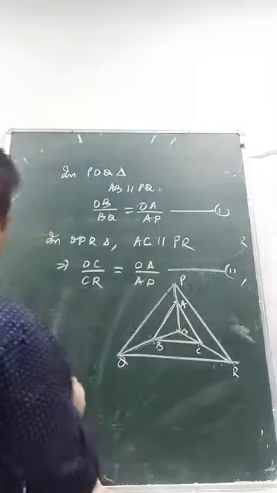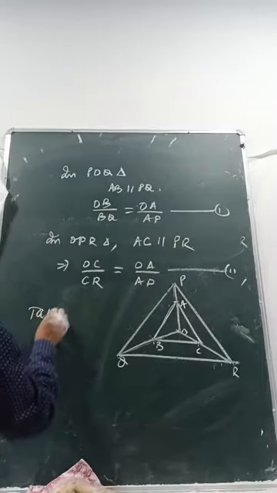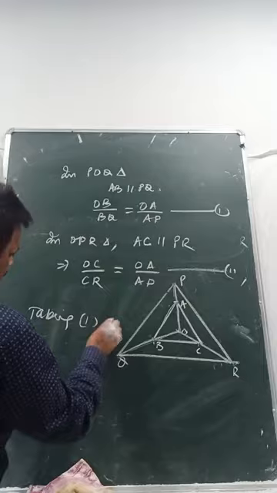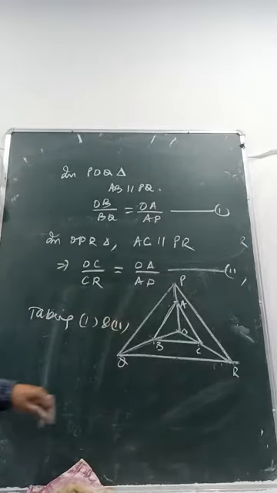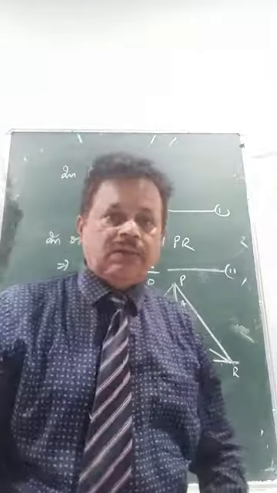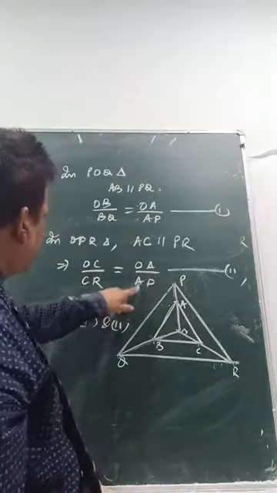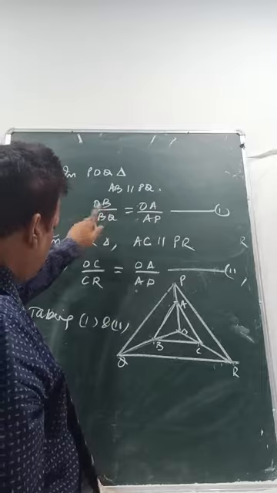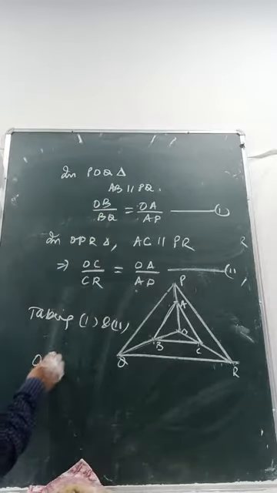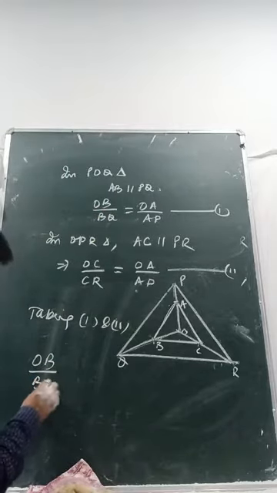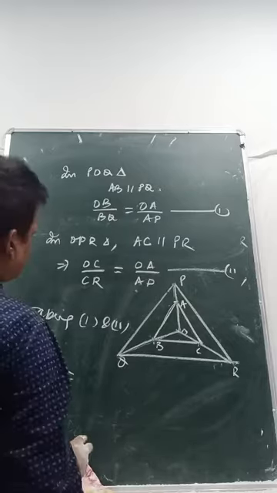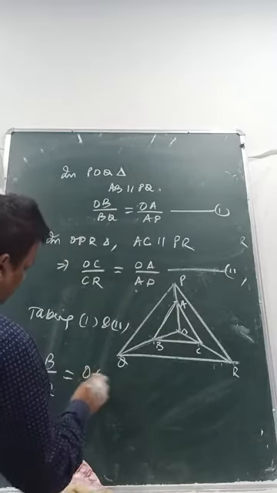So, taking 1 and 2, what will you get? You will get the common term removed: OB by BQ equals OC by CR.